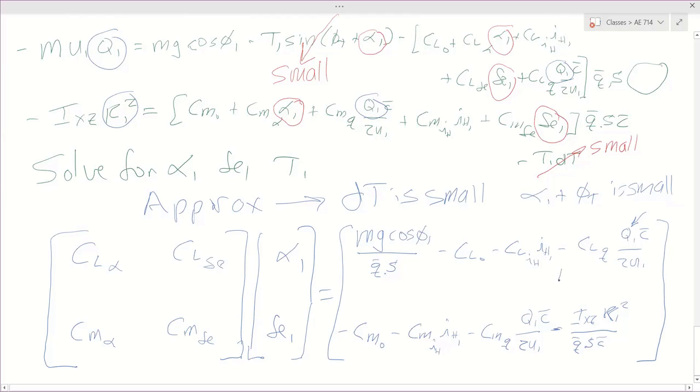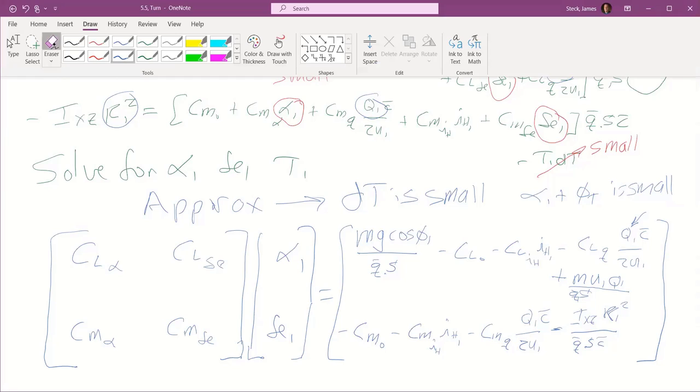There should also be that term there in this top line, divided by Q bar S. Let me see if I can fix that.